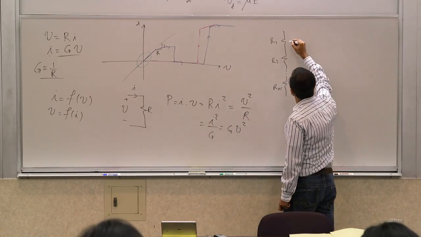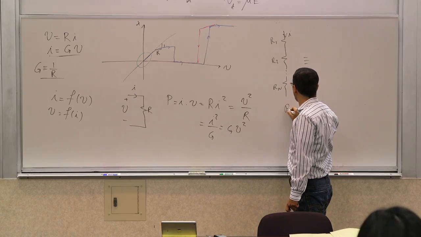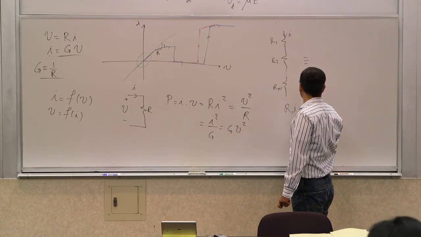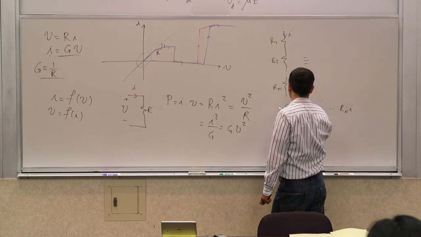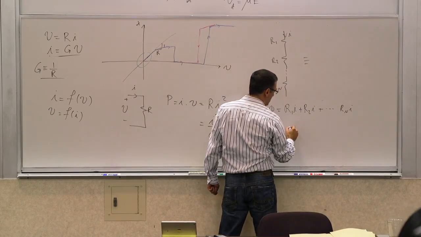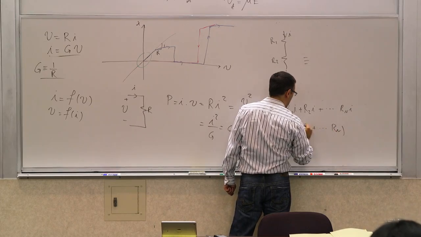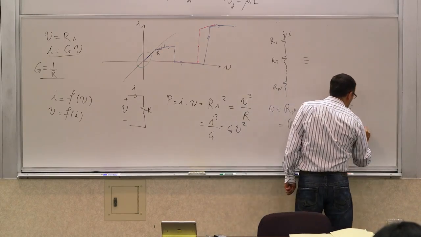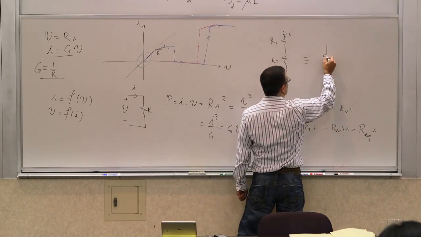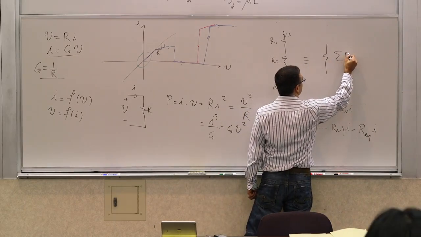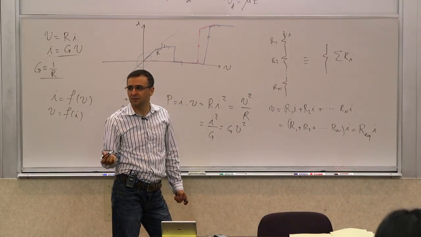You can easily show that if there's a current I flowing through them, the voltage drop is going to be R1 I plus R2 I all the way to Rn I. This is the voltage, which is equivalent to (R1 plus R2 all the way to Rn) times I, which would be R equivalent times I. So the equivalent resistance would be the sum when they are in series.